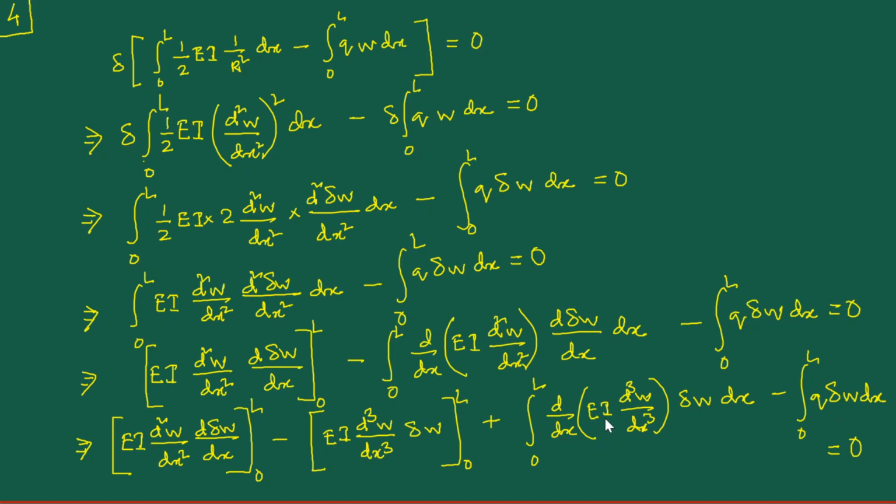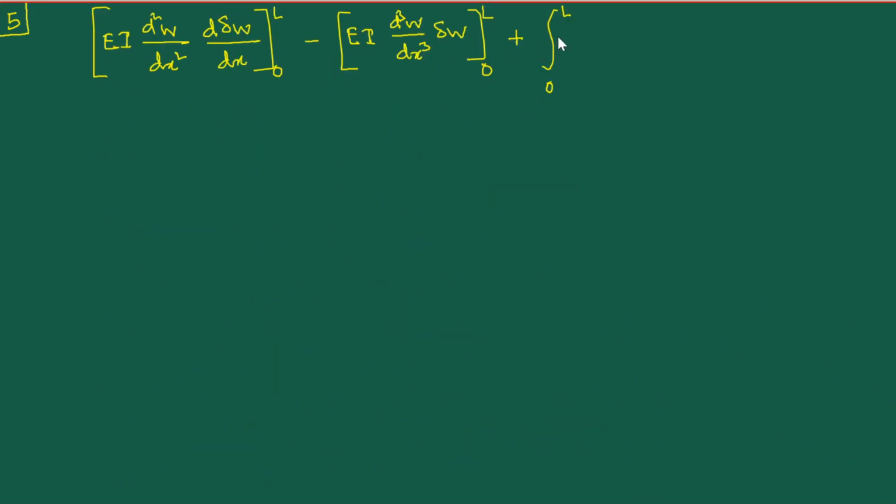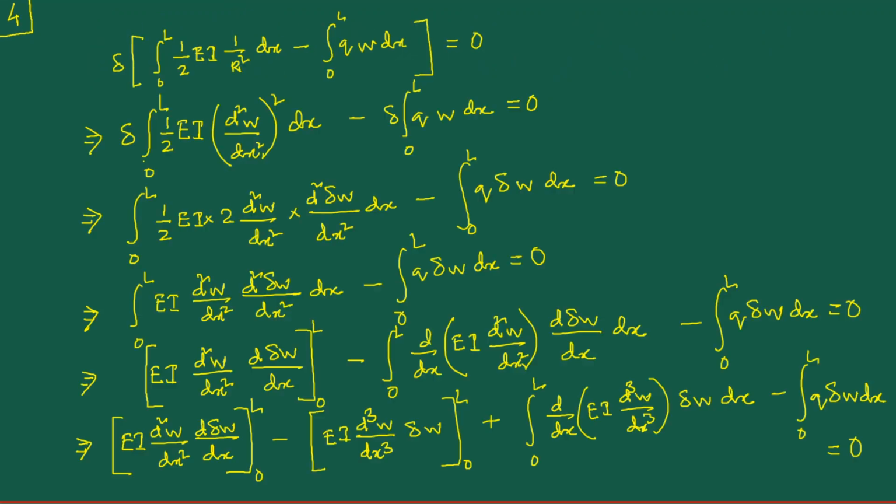So again I'm going to take this EI out of this differentiation, so I'll be left with EI d4w dx to the 4, sorry, minus q, this whole thing multiplied by delta w dx, and you can take a look that this is indeed so.